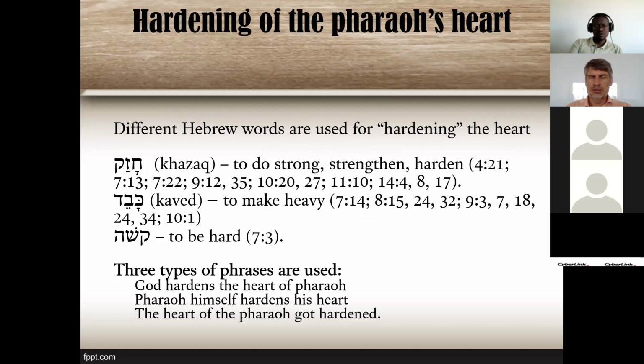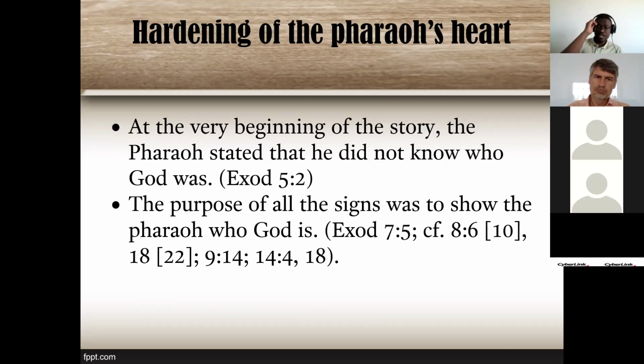Yes, I see the question. Please, Pastor Paswa. So, I'm sorry, real quick, Prof. Is there a reason or some significance that we can derive from the use of the tetragrammaton in what Pharaoh is saying, that I know not the Lord? Because in chapter 5, verse 2 specifically, the tetragrammaton is used.